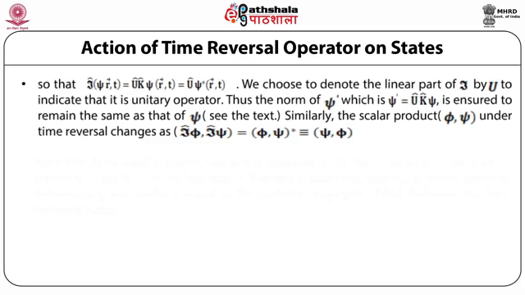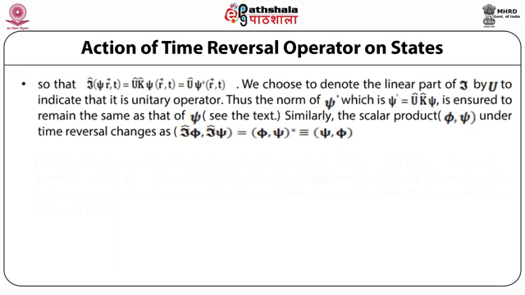Now we choose to denote the linear part of the time reversal operator by U to indicate that it is a unitary operator, and therefore the norm of the wave function ψ′, given as ψ′ = UKψ, is ensured to remain the same as that of the wave function ψ.